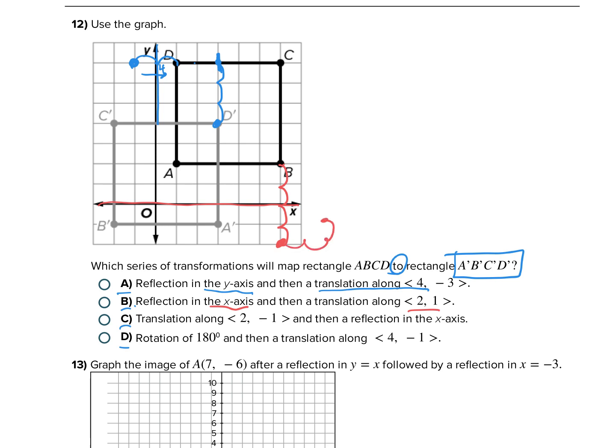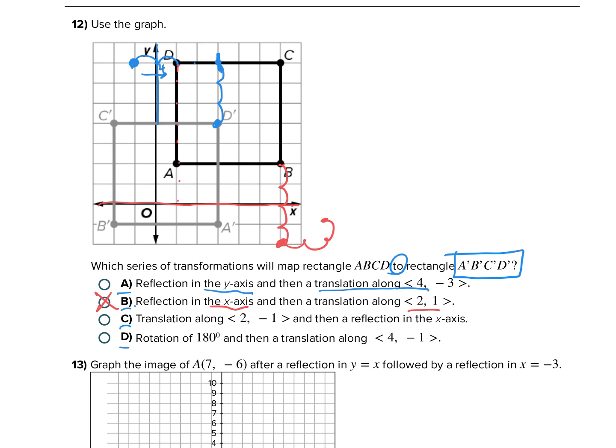So clearly that's not correct. And if I was even to use point D, how many units is this? 1, 2, 3, 4, 5, 6, 7. 7 units, so reflecting 7 units down. Again, these transformations have to work for all of the points, so it doesn't matter which one you choose. I just chose B because it was close to the x-axis.